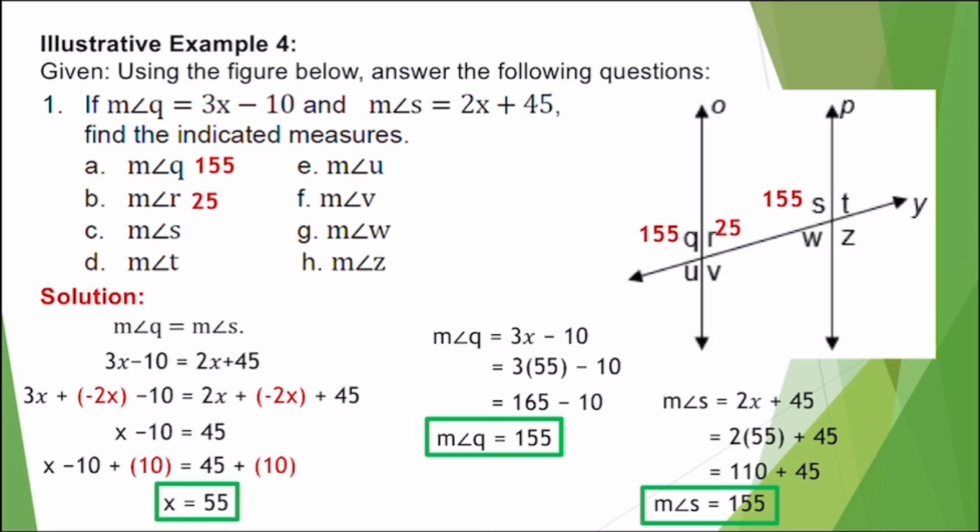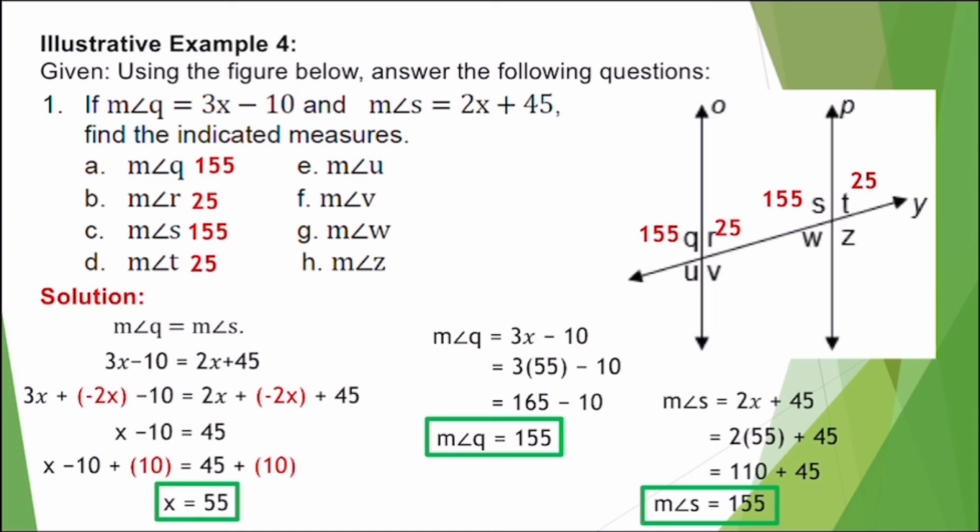Now, let's proceed to angle S. Since we already found the degree measure of angle S, that is 155. Now, let's proceed to the degree measure of angle T. Since angle T corresponds to angle R, the degree measure of angle T is 25 degrees.